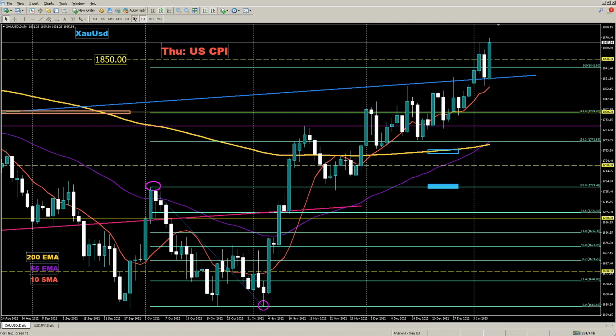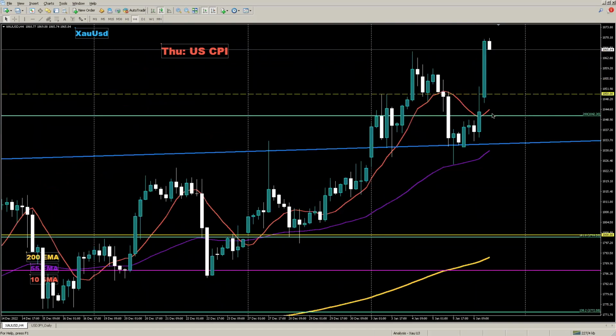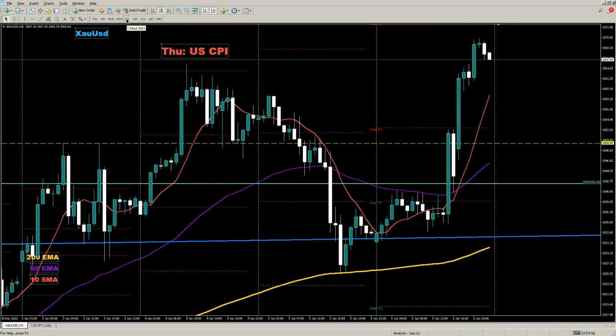If we take a look on the 4-hour time frame, well, we start at the 1 hour. And this was the initial move up for the non-farm payroll.